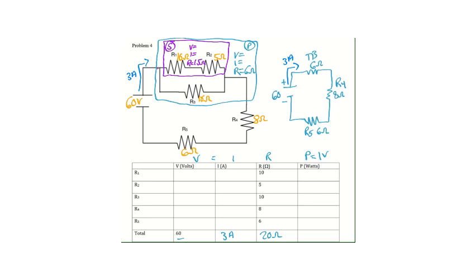They do. So that means the teal box gets 3 amps. R4 gets 3 amps. And R5 gets 3 amps. So in the chart, I can fill in R4 and R5 for 3 amps.